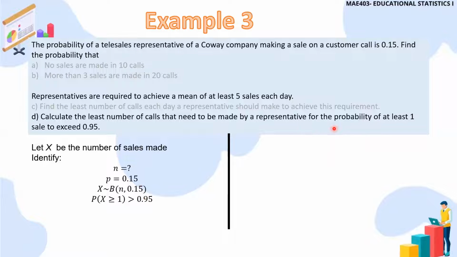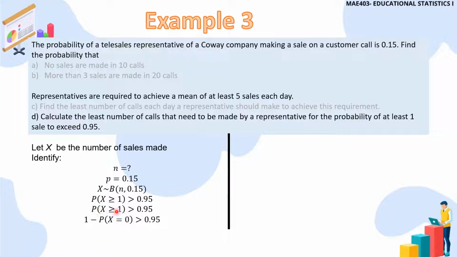Now, the question asks you the probability of at least one sale to exceed 0.95. So it means that the probability of X greater than or equal to 1 must be greater than 0.95.